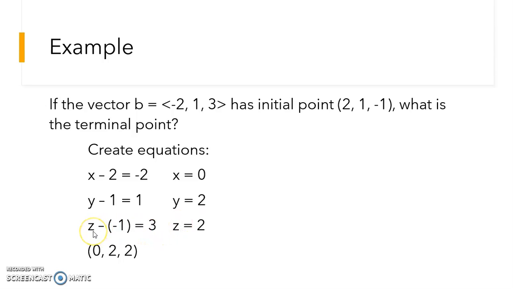I did the terminal point z minus the initial point z equals the component form z. I subtracted 1 on both sides, or I added -1 on both sides, to get z is 2. So my ordered pair was (0, 2, 2). And that's my terminal point. Let's look at another example.